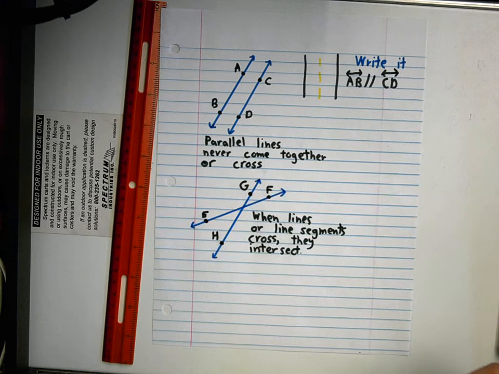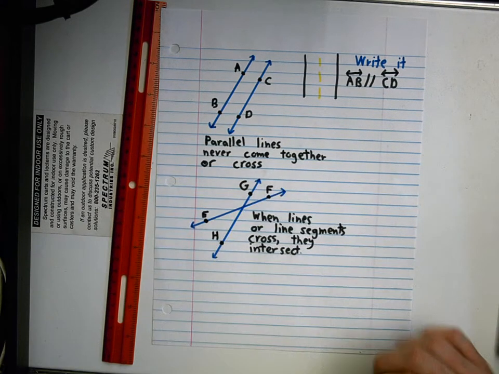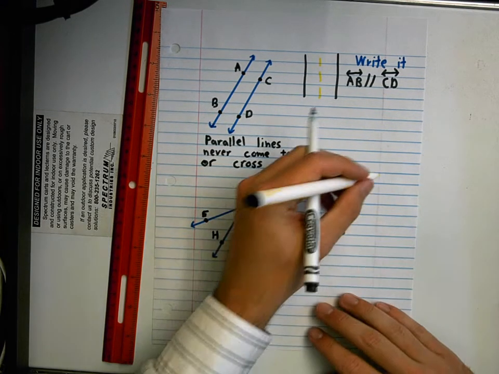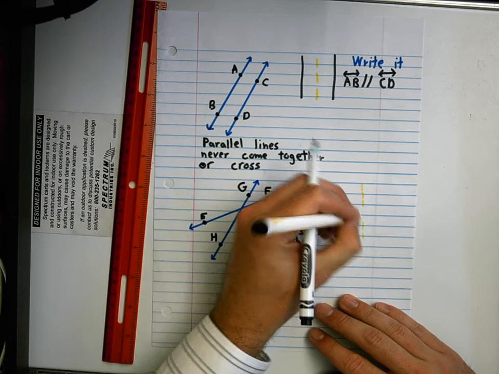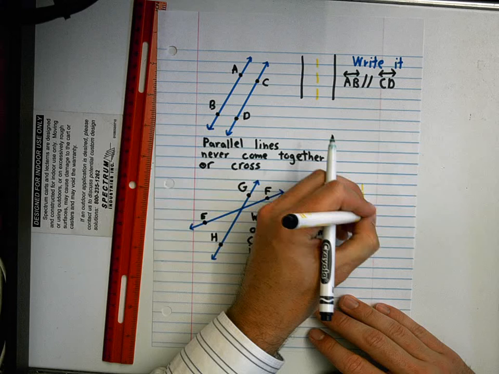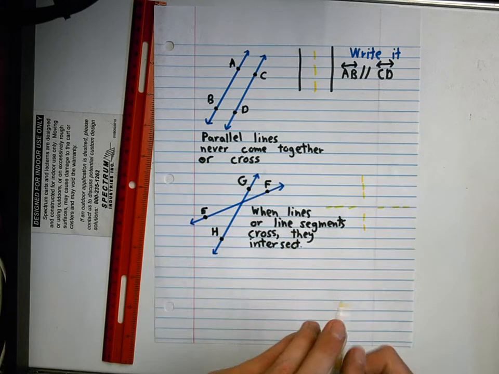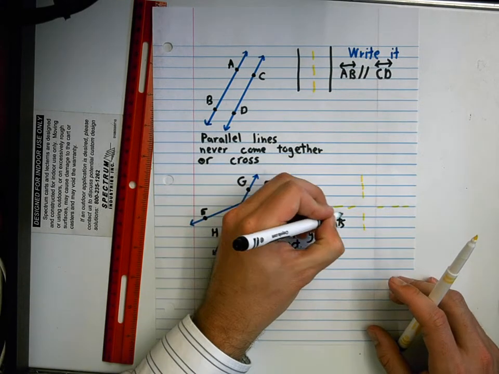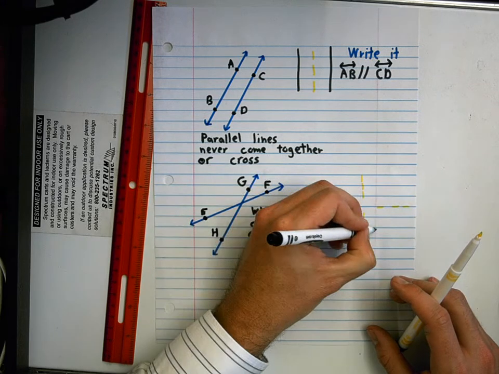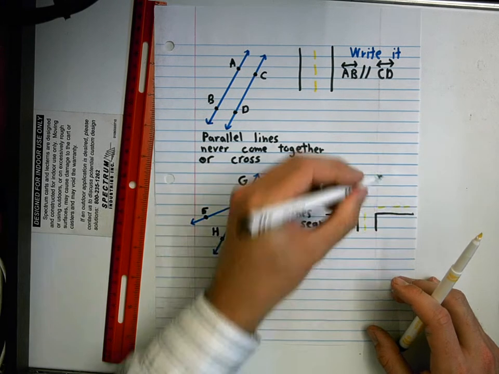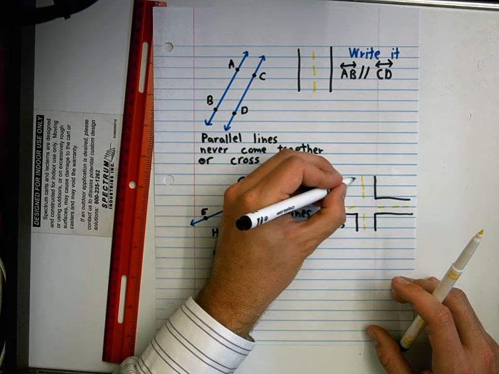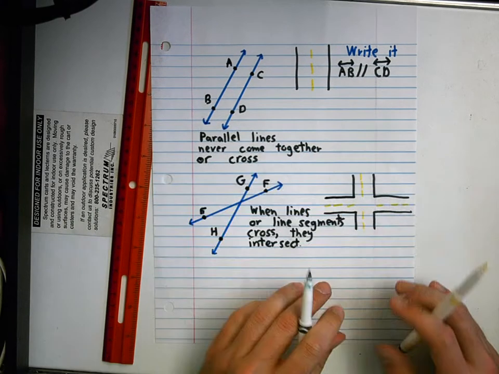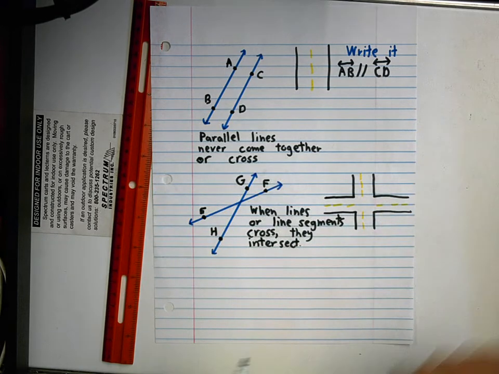Again, I'm using the street reference. What is this called? Where two roads come? You might see a stop sign. Okay, actually, I might draw little stop signs here and there.